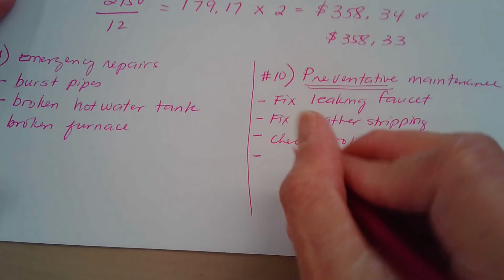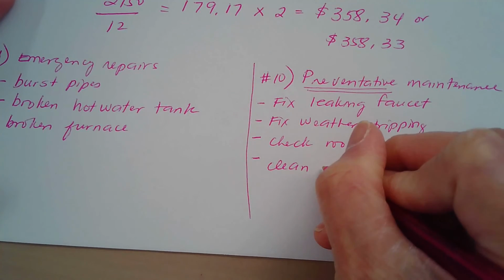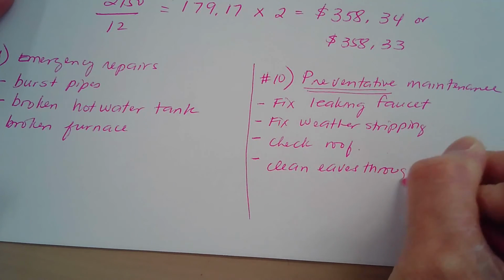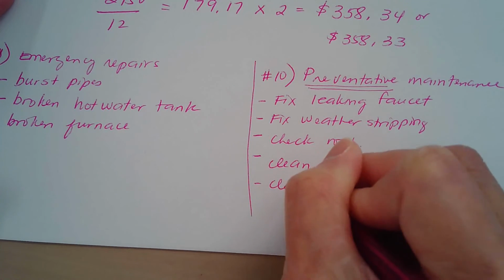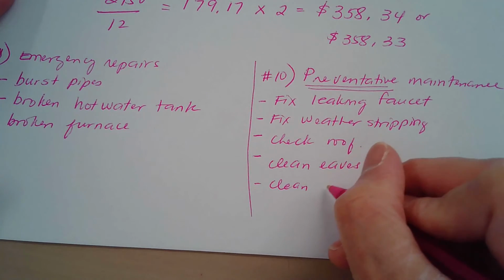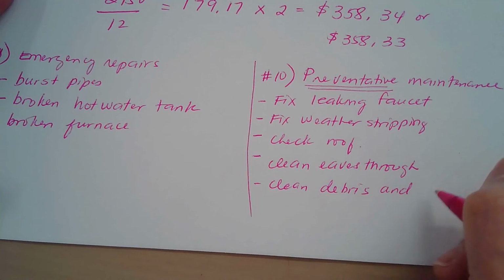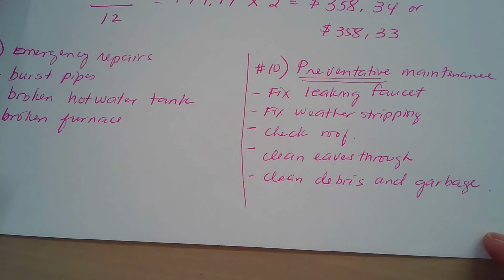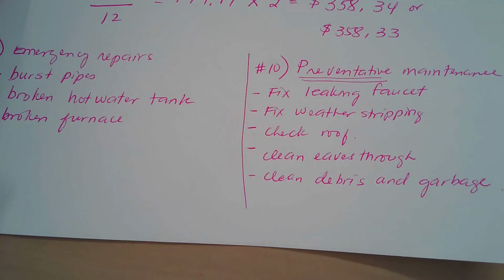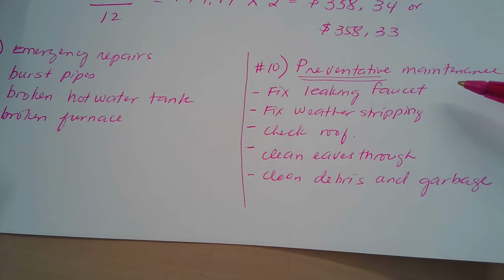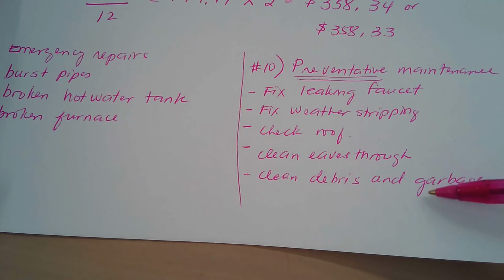Anything else? There's cleaning the eaves trough, cleaning debris and garbage. Okay, we talked about infestation, right? So there's quite a few items. You can write all of that.